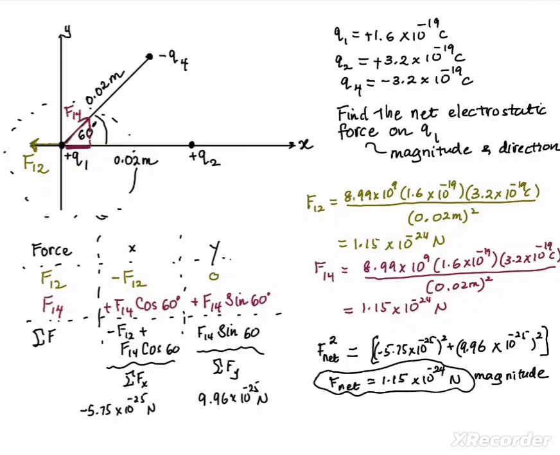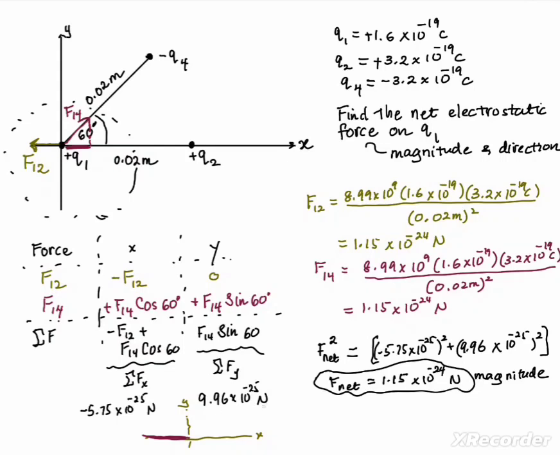And then what we can do is find the direction. So let's draw this x and y here. So if we were to draw the x and y components, this is x, then we have y. You see that the x is negative, so negative here, and this is the value of 5.75 times 10 to the negative 25th.